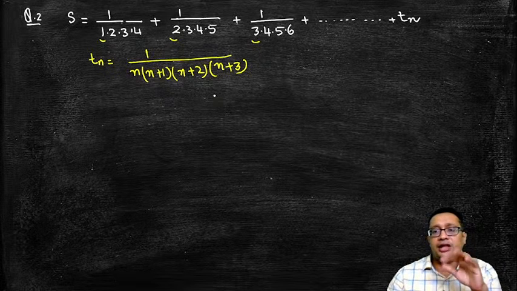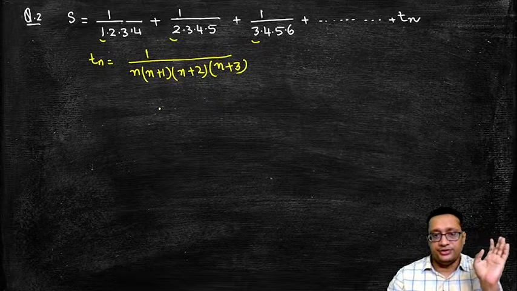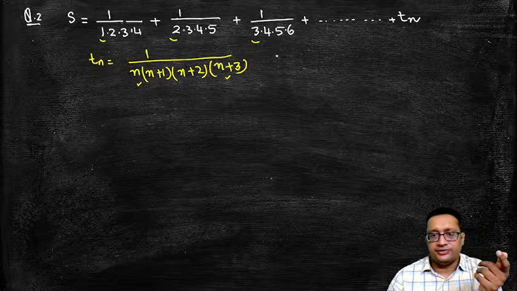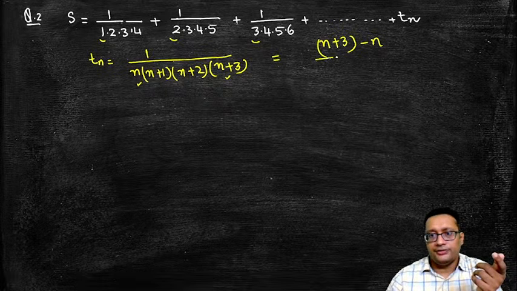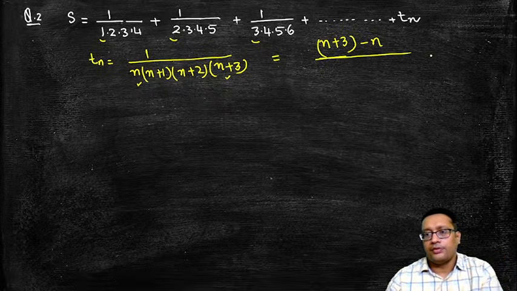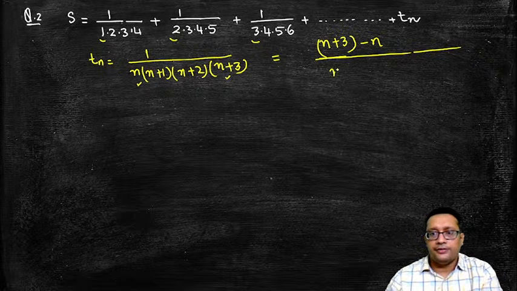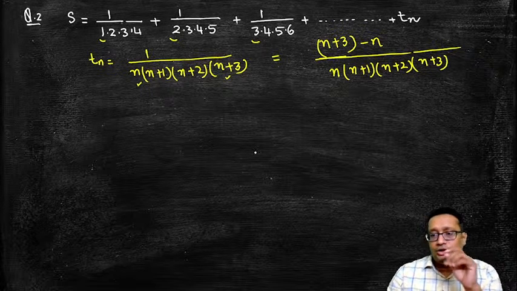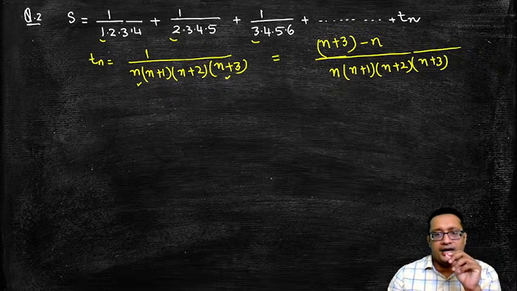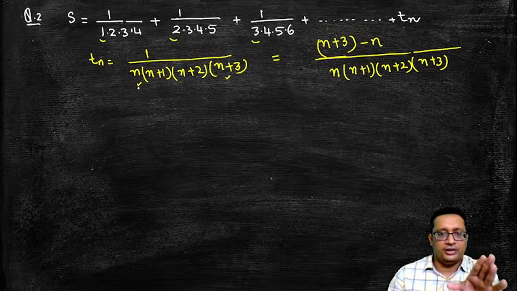Now again I want to write this as a difference. So again the maximum value is n plus 3 and minimum value is n. See here, I am writing n plus 3 minus n divided by n, n plus 1, n plus 2 and n plus 3. In the numerator I have written the highest value n plus 3 and lowest value n.